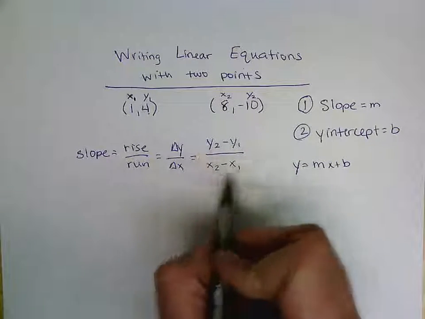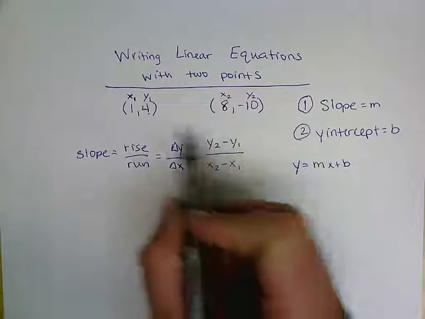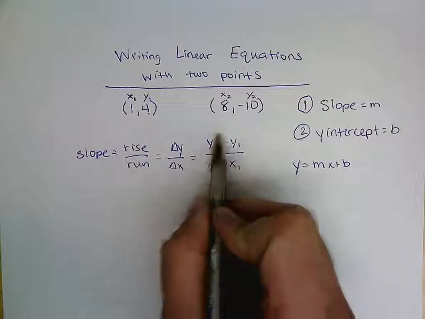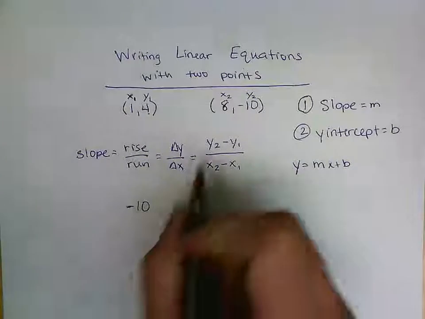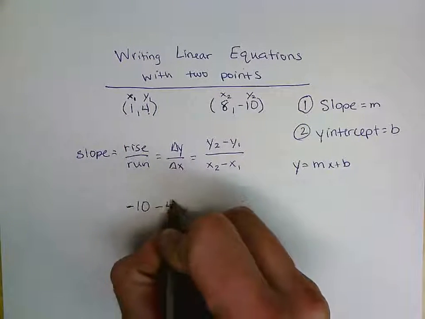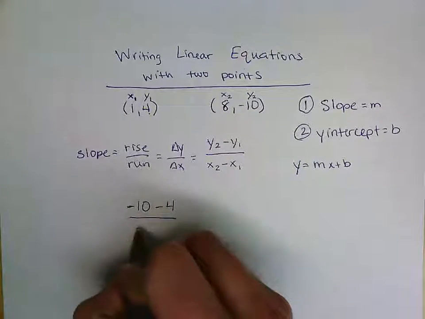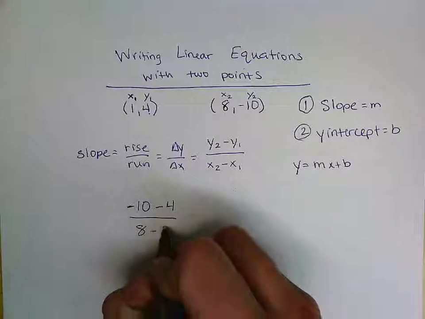So now using this idea for slope, we can try to figure out what the slope is between these 2 points. So if we take y2, here we have negative 10 is y2, and we're subtracting y1. y1 in this case is 4. And we're going to divide that by x2, which is 8, minus x1, which is 1.